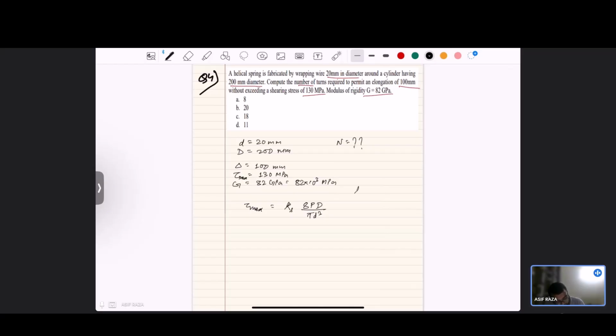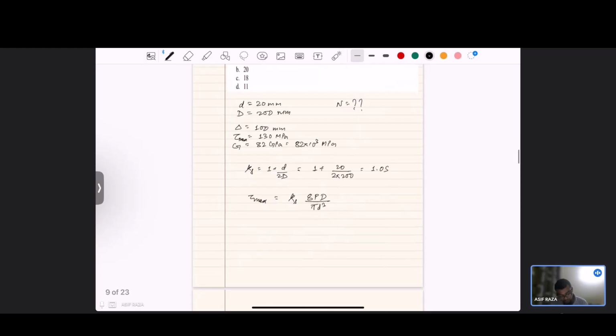And this Ks can be written as 1 plus d upon 2D. So this would be equal to 1 plus d is 20 to 200, so this would be around 1.05.